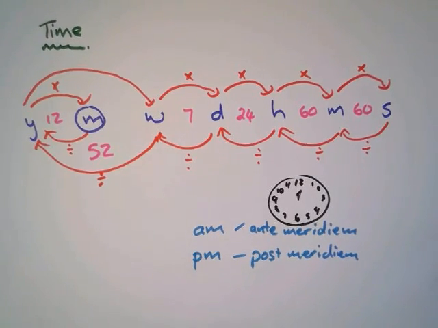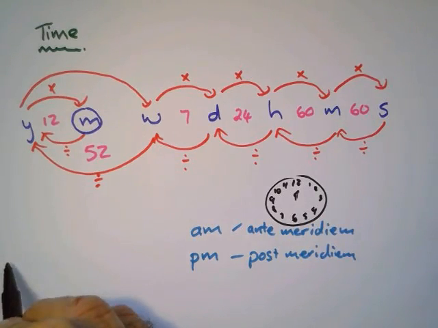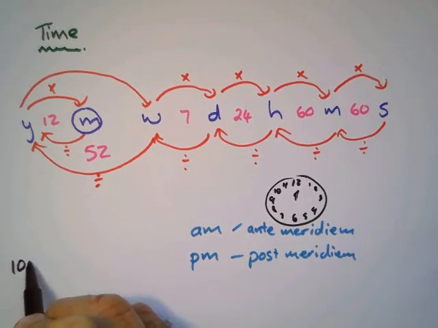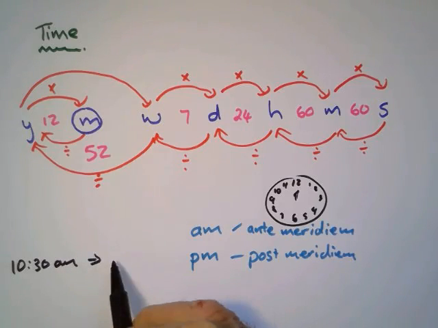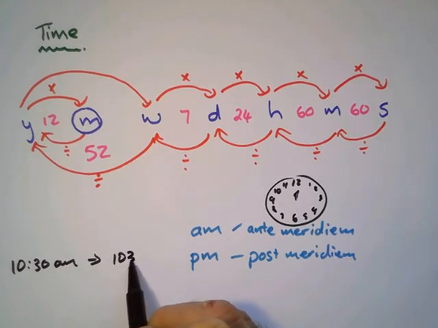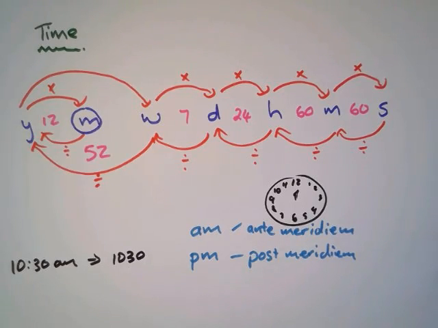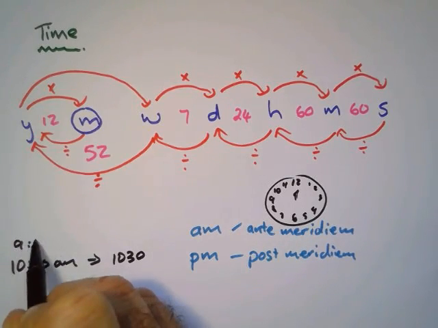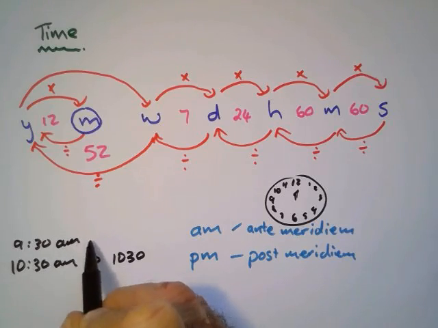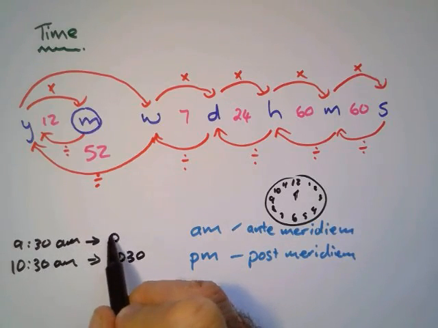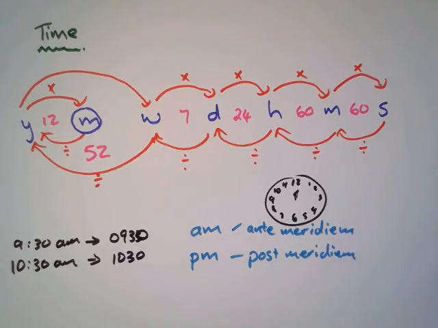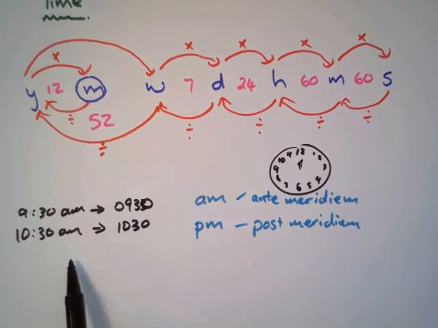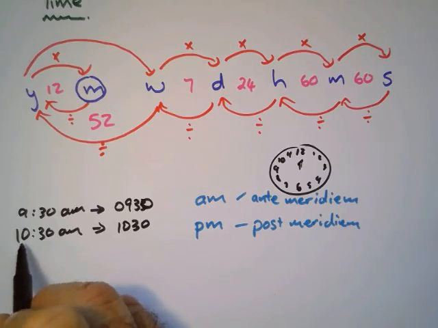For example, let's say 10:30 AM will be 1030. For 9:30 AM, there are always 4 digits, so it will be 0930.